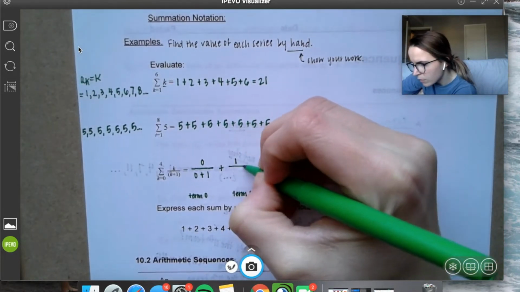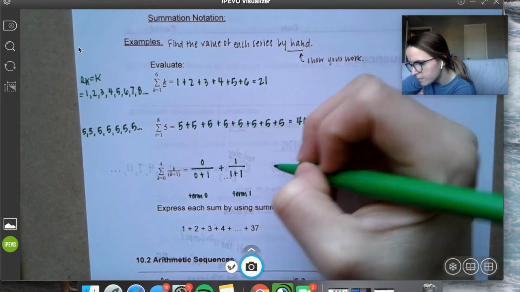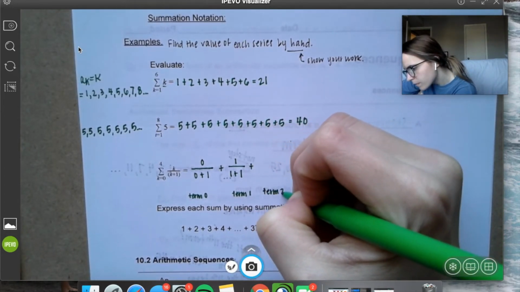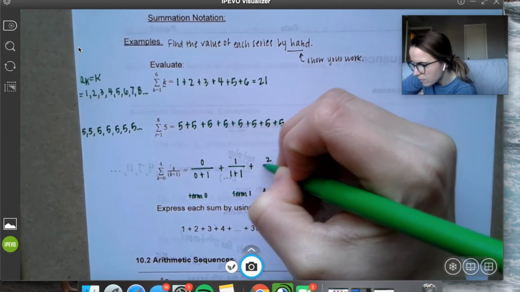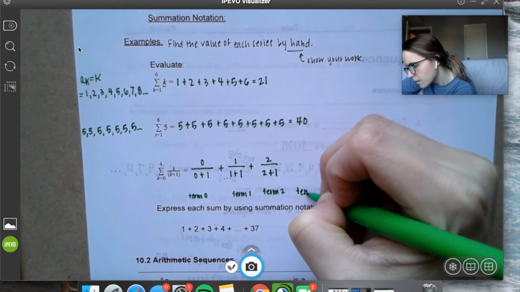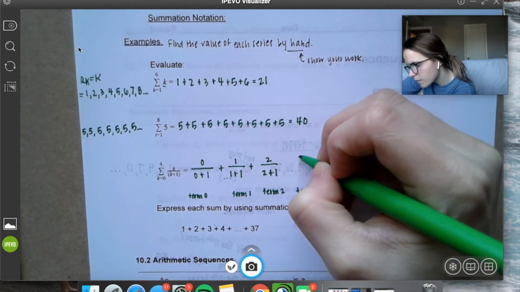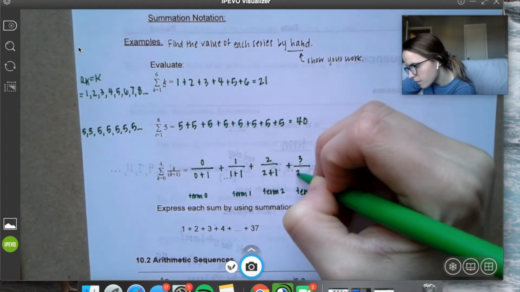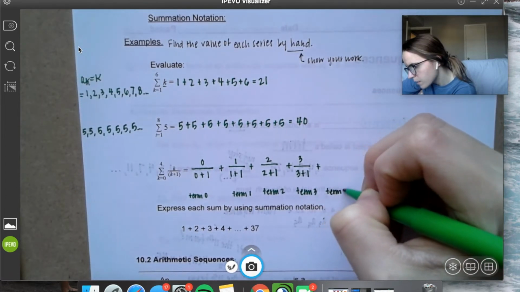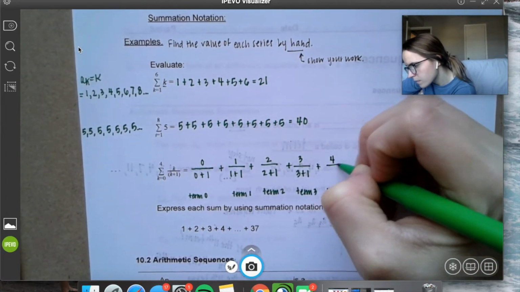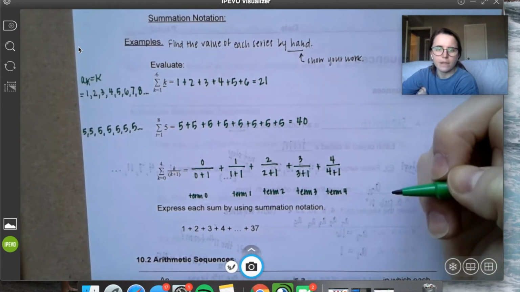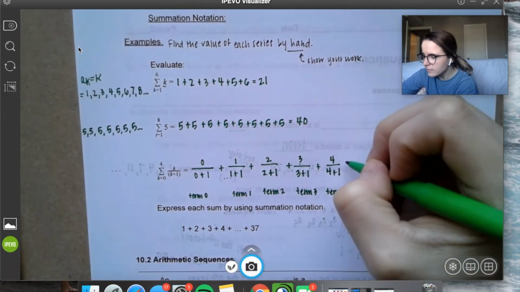So we have 1 over 1 plus 1. Term 2, term 3, and term 4.